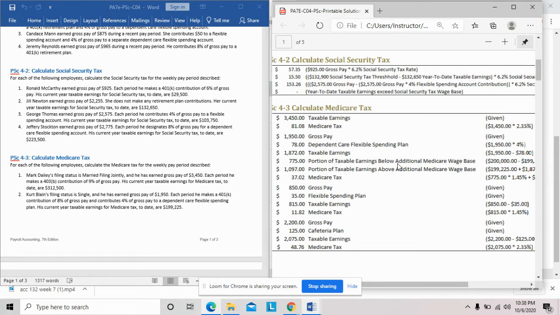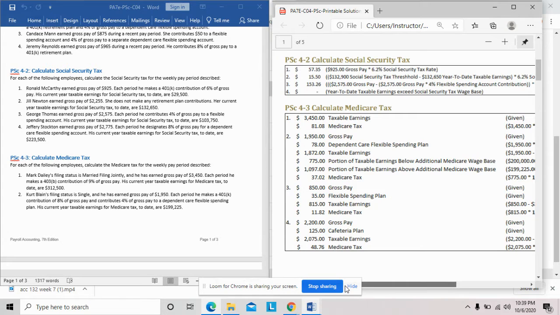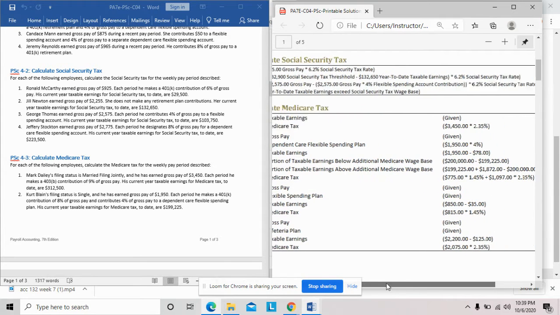We subtract those amounts to find that. Then, to find the portion of taxable earnings above the additional Medicare wage base, we take the $199,225, we add 1872, and then we subtract 200,000. As you know, 1872 is the taxable earnings.